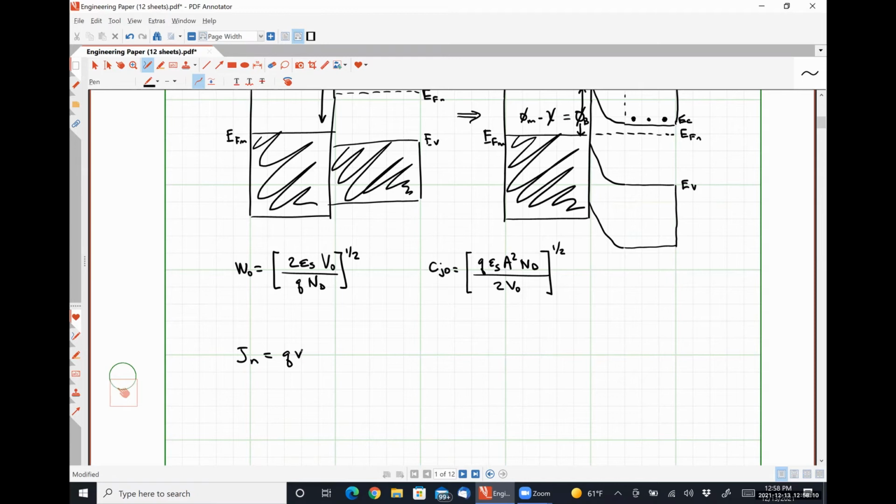And so this velocity really represents contributions of diffusion, thermionic emission, and tunneling, times Nc, the effective density of states in the conduction band of the semiconductor material, multiplied by the exponential of negative Q times the Schottky barrier height divided by kBT.